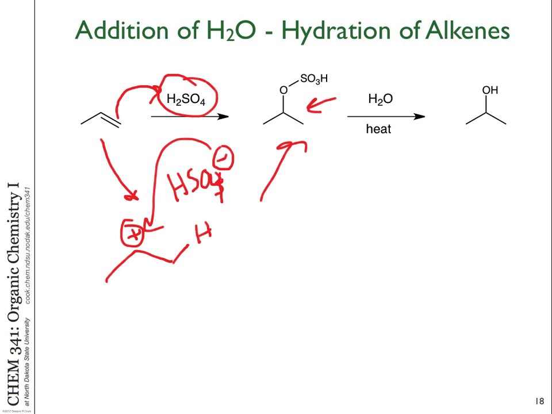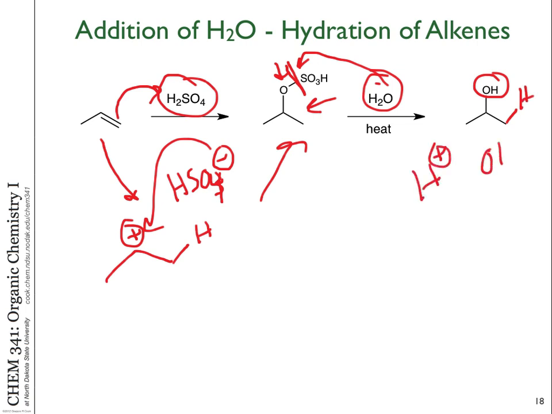And then, by the way, this bond is somewhat weak. In the presence of water, you can add water to the sulfur and the hydrogen to this oxygen. You end up with an alcohol. Overall, what we've done is add the equivalent of H plus and OH minus, or H2O, across the double bond.